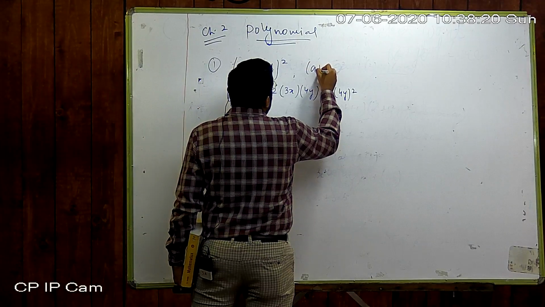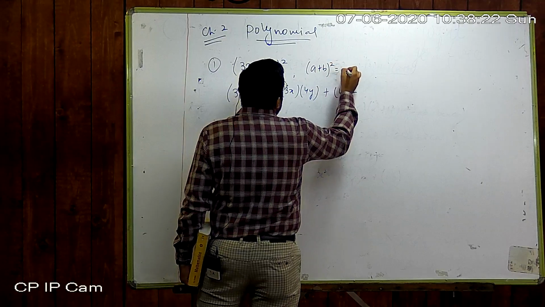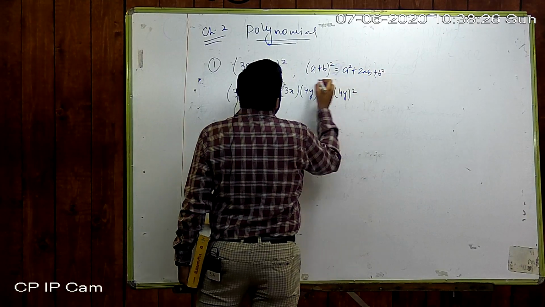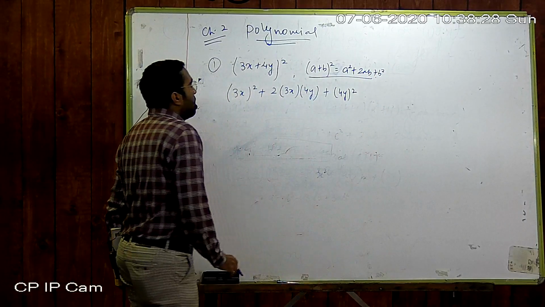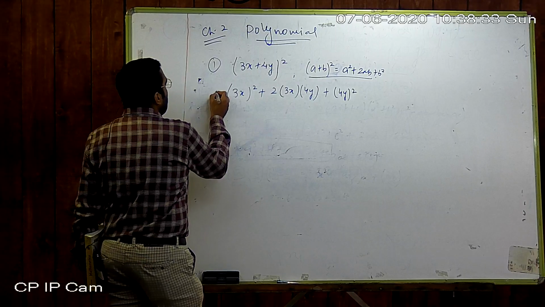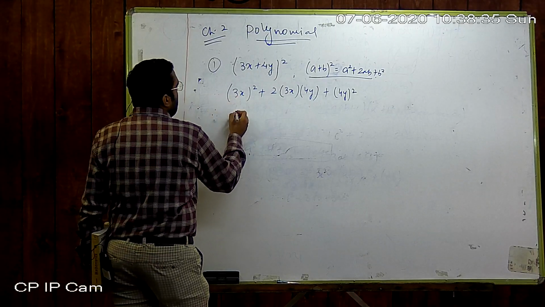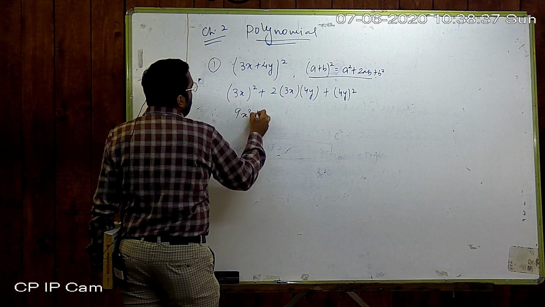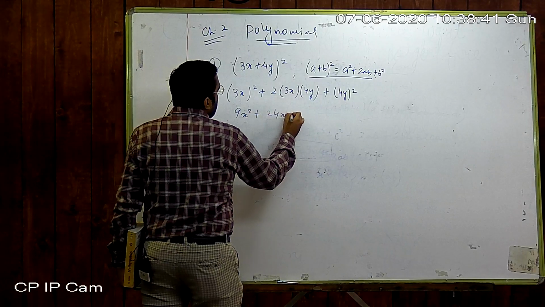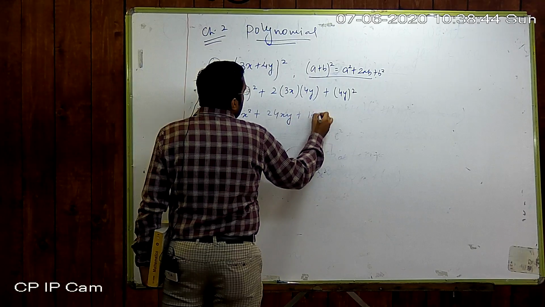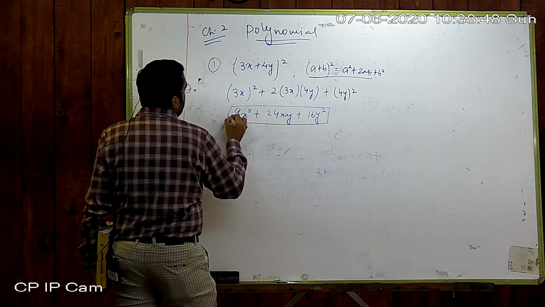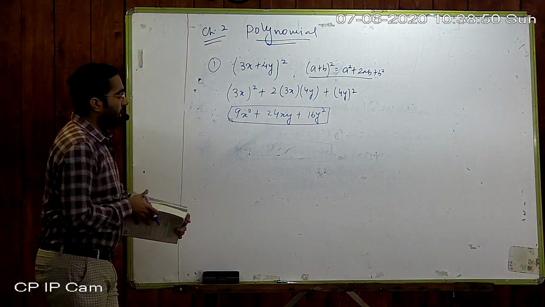I use (a plus b) whole square equal to a square plus 2ab plus b square. Therefore 3 square is 9x square plus 2 into 3 into 4, that is 24xy, plus 16y square. So this is my answer.